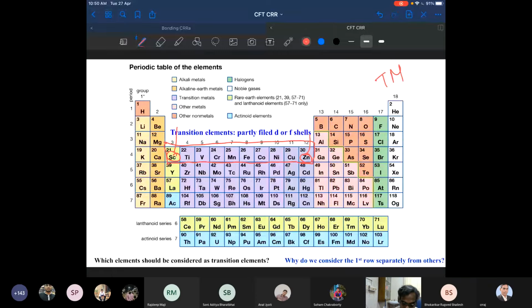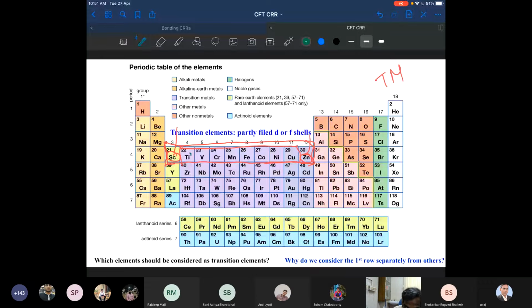I repeat, a transition metal should have a partially filled d orbital in the stable oxidation state. So, in general, we consider the first row separately, and then from titanium to copper, we consider separately.